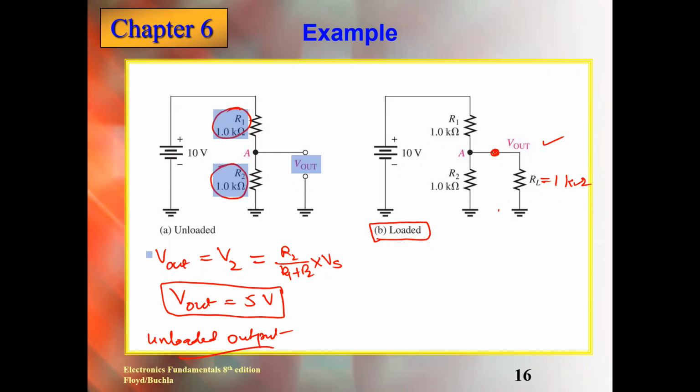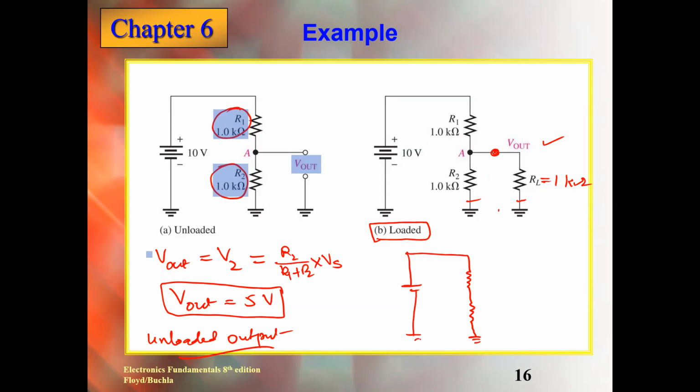Here R2 and RL are in parallel. Do you agree with this point? Yes, agree. So if this is parallel, can we simplify the design and draw the equivalent circuit like that?